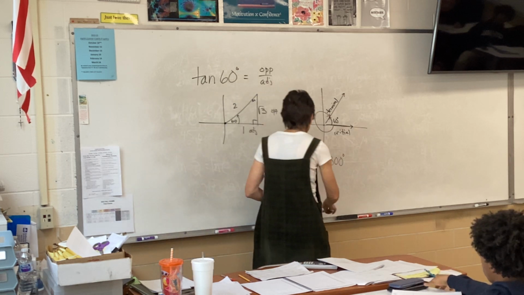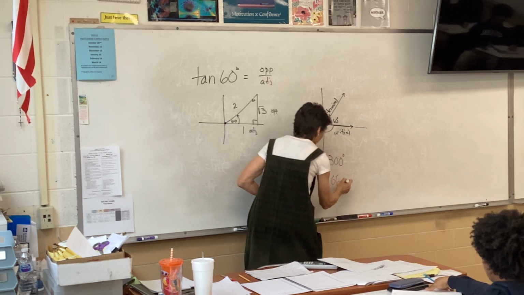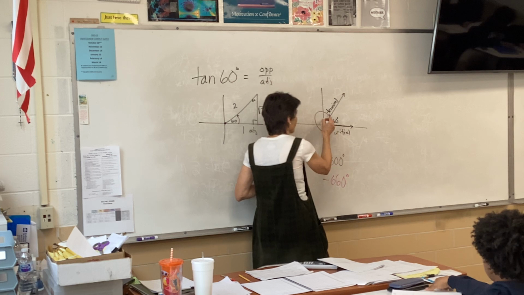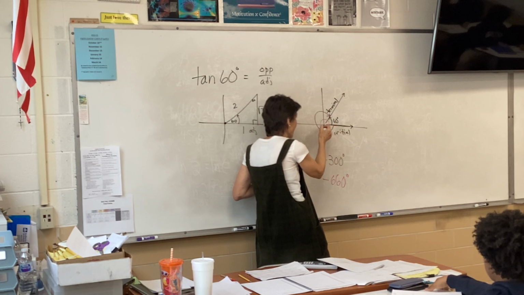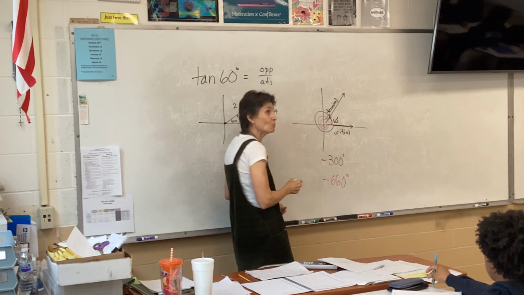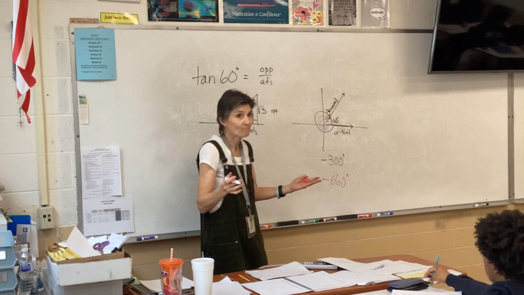Negative 660. Now let's talk about that. What does that even look like? Well, wouldn't it have to go all the way around, and then another 300? Wouldn't that terminate in the same spot? It sure would. Are you starting to get the idea of why there are lots of them?